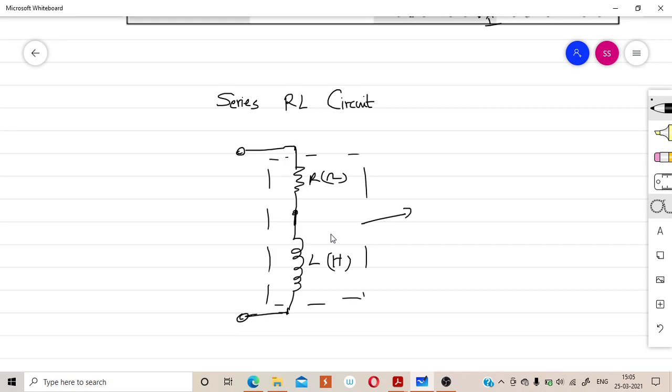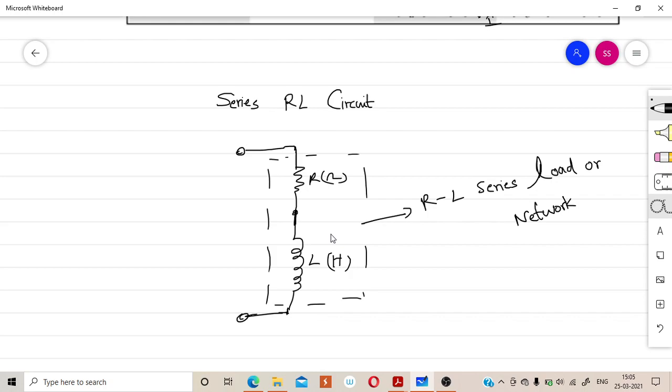So this is our RL series load, or network, you can say network. So this is the RL series network.